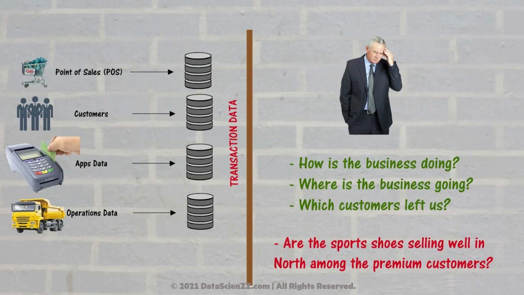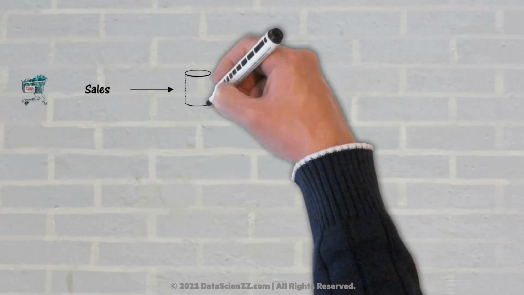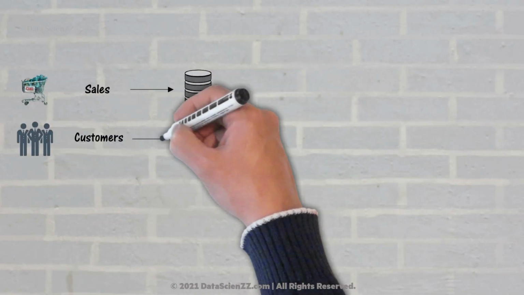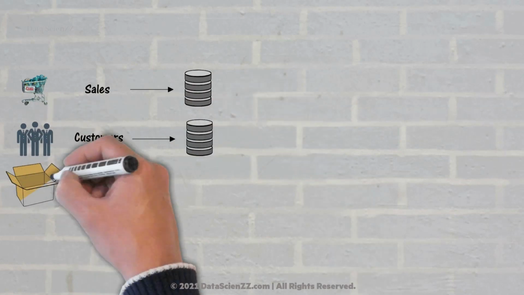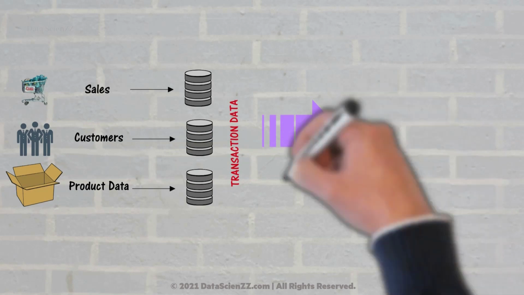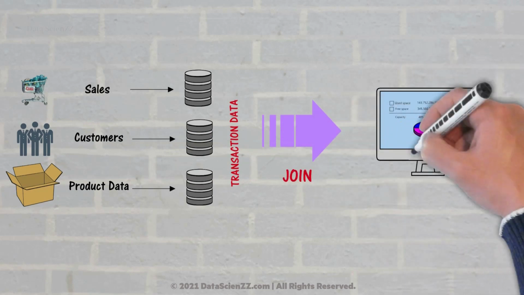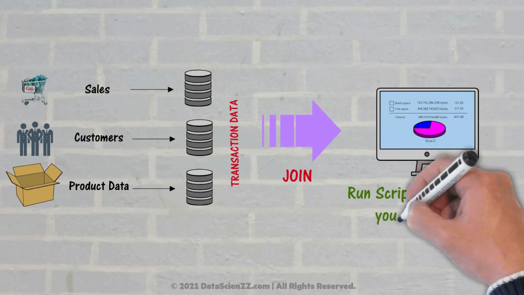Logically, you want to use your transaction data in the first place. So, you ask your data analyst to write a query to join sales, customer, and product data tables, and gather all relevant information in one place. And on top of that, ask her to run data commands to get answers for your specific queries.